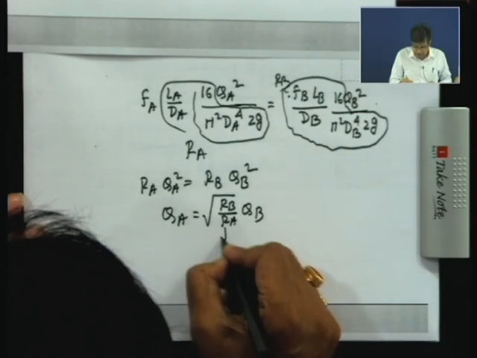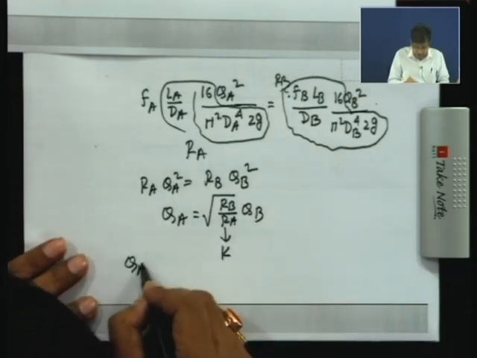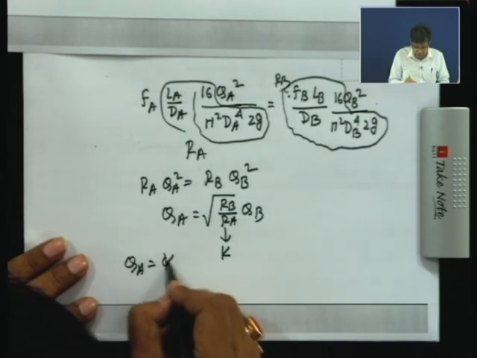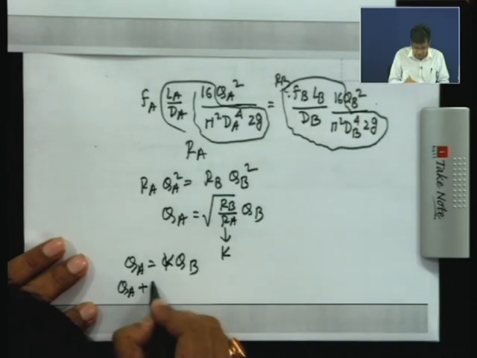Let us define this as K, that means QA is K QB. At the same time we know QA plus QB is Q.